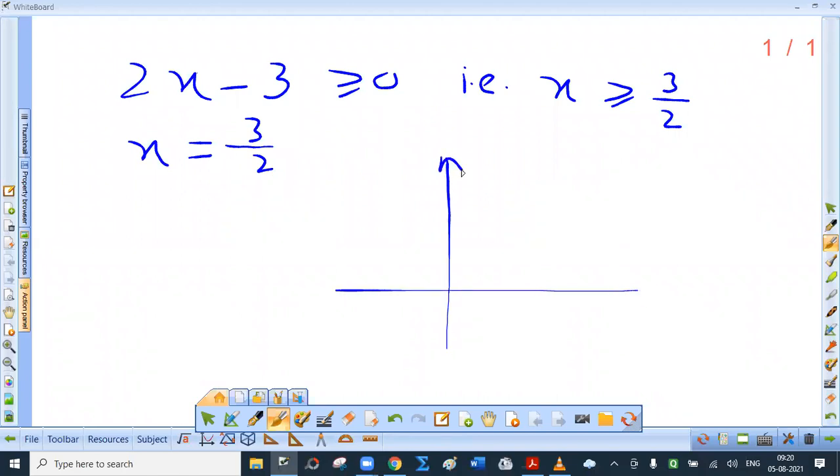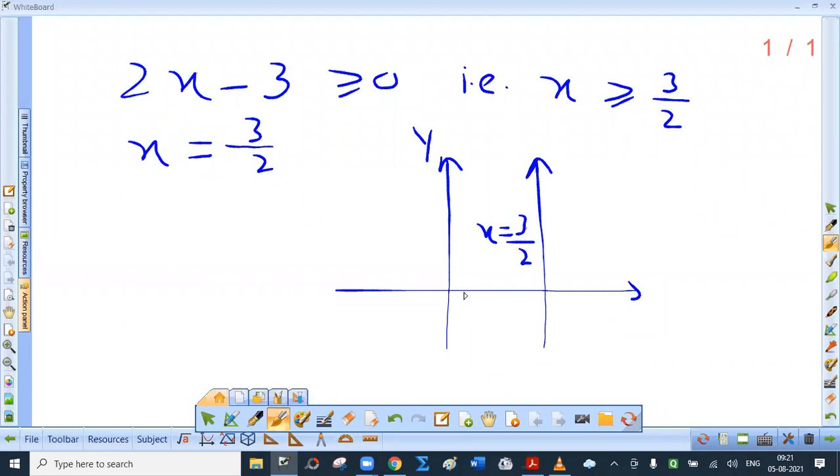Now x equal to 3 by 2. See, you should be able to grasp this in just 2 or 3 seconds. If you think, oh, whether it is parallel to the x-axis or y-axis, immediately you should come to know that x equal to 3 by 2 is a line which is parallel to which axis? Y-axis. So x equal to 3 by 2. Now listen to me. Did I say that the line passes through origin?